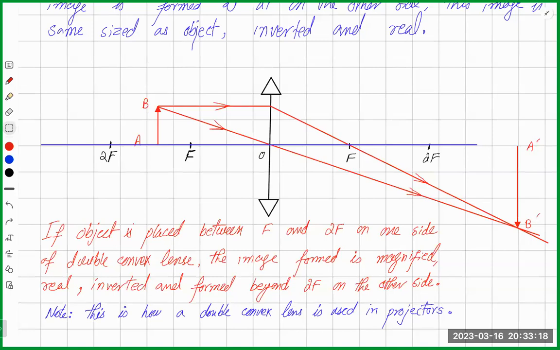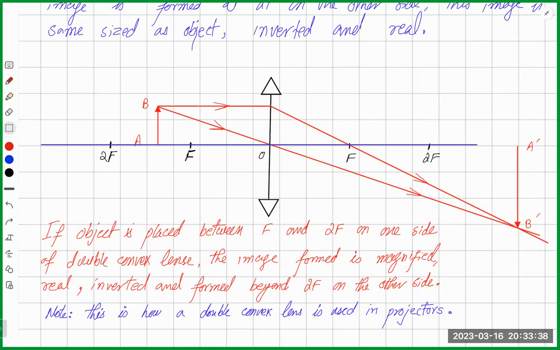So if I'm putting an object between F and 2F, I pass this light ray which is parallel to the principal axis. It bends towards F. Then I pass a line straight through the optical center, which goes straight through. I see an image, which is what?